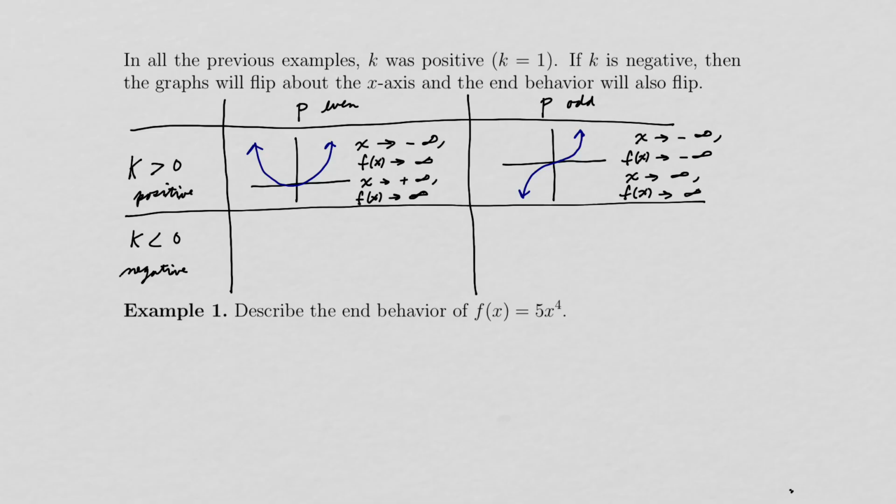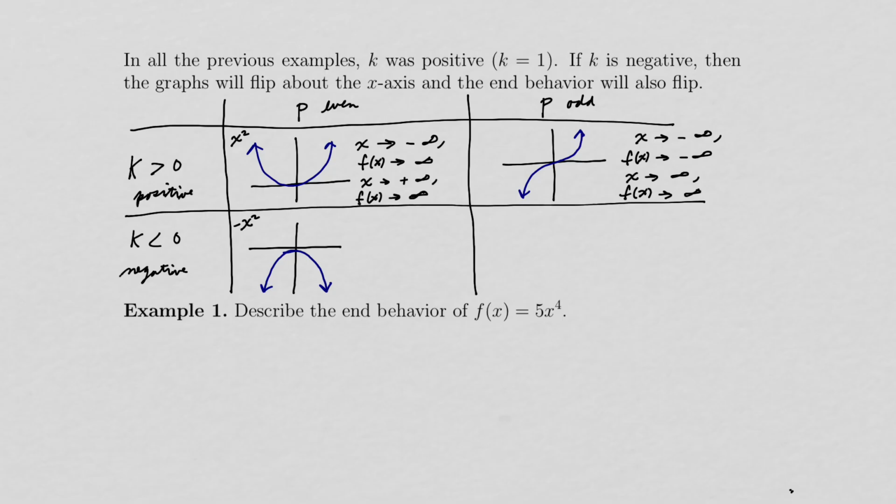Okay, now what if the coefficient out front were negative, right? Like let's say if this is the function f of x equals x squared, what if it were negative x squared? What does that do to the function? Well, actually, it flips it about the x-axis. So in this case, it would look something like this.